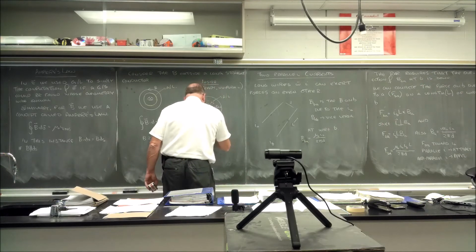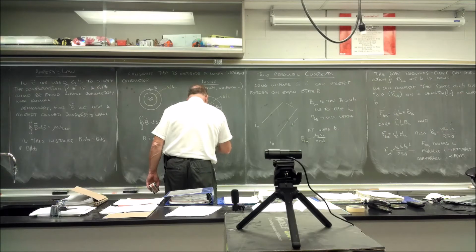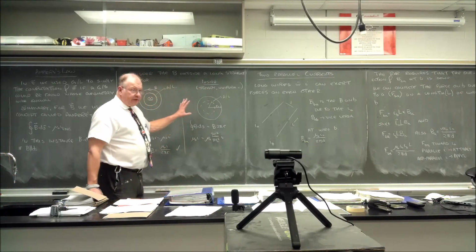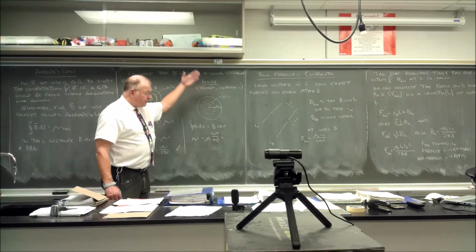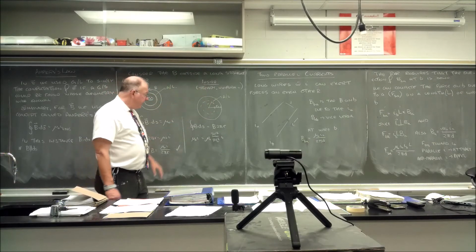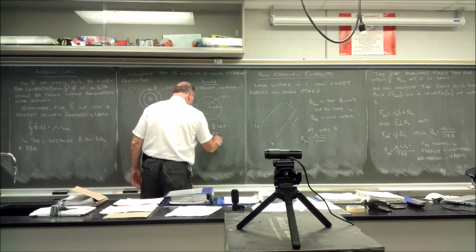We'd have pi r squared over pi r naught squared times I, being the total current, and now you're determining the fraction of the cross-sectional area of the conductor you're interested in. Clearly the pi's will cancel.